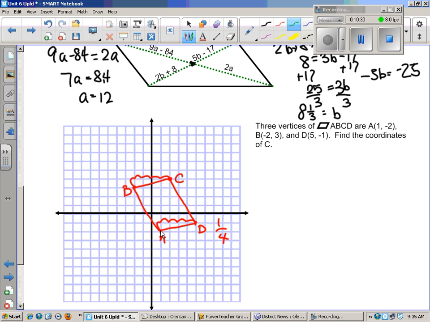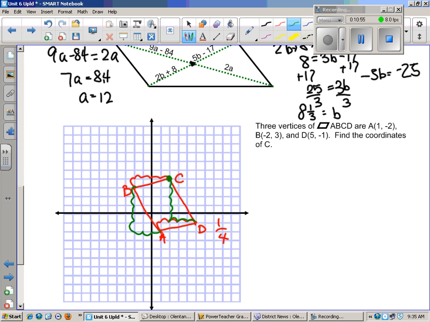I could have done AB and DC. So I could have said, to get from A to B, I go left 1, 2, 3, and up 1, 2, 3, 4, 5. And that would have put, I could have done the same thing because opposite sides are parallel. So it didn't matter which set of two.